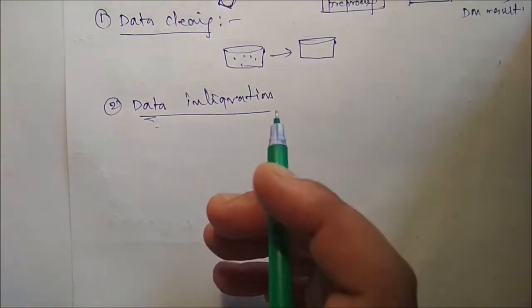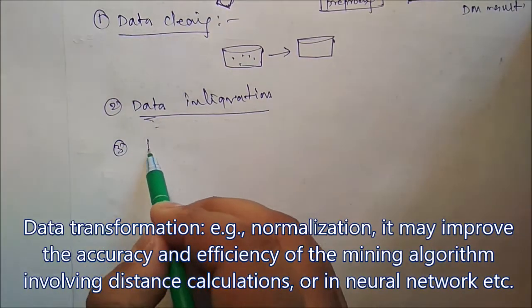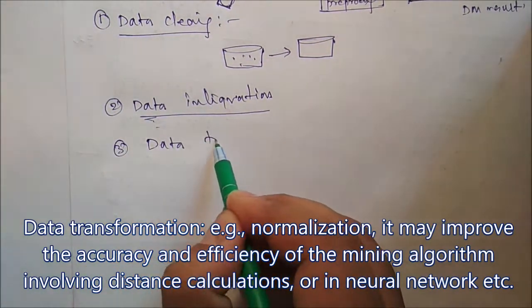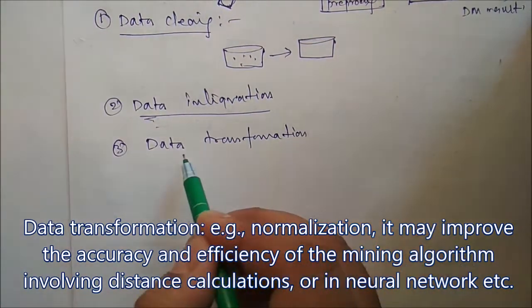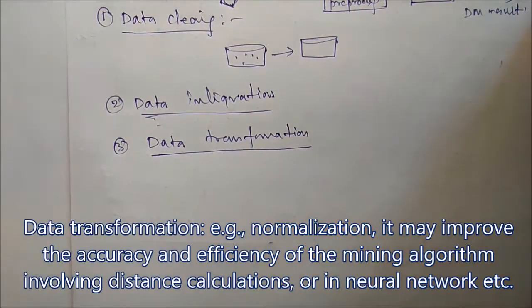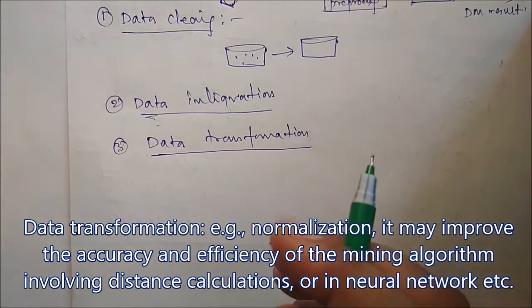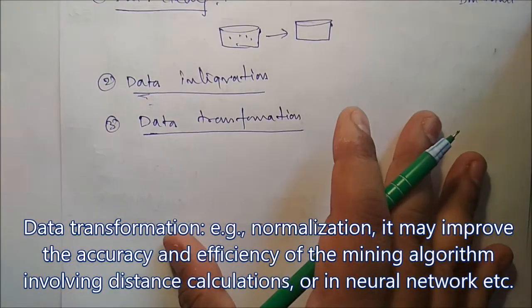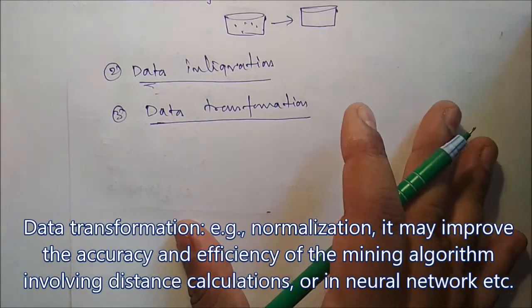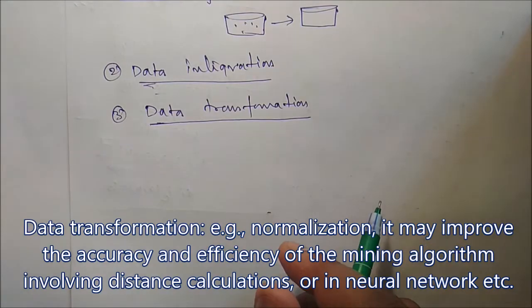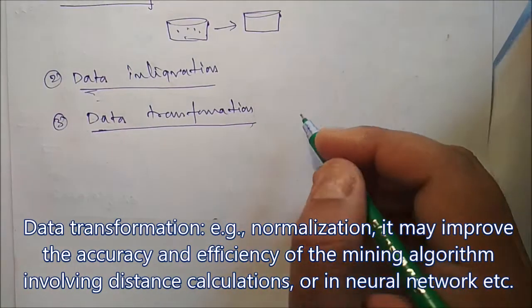Next is data transformation. For example, normalization. It may improve the accuracy and efficiency of mining algorithms involving distance measures. So we have to apply transformation.